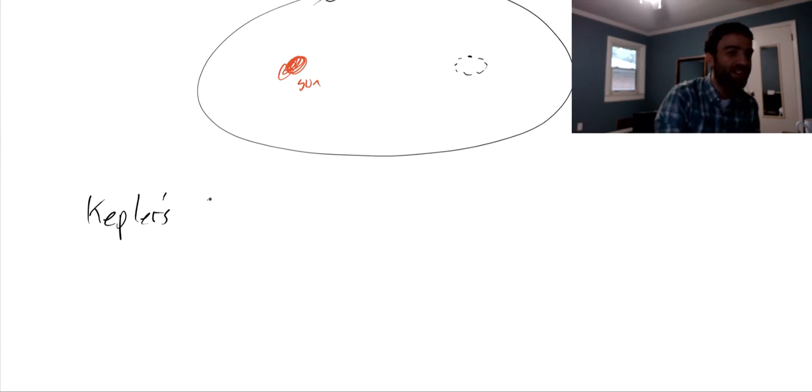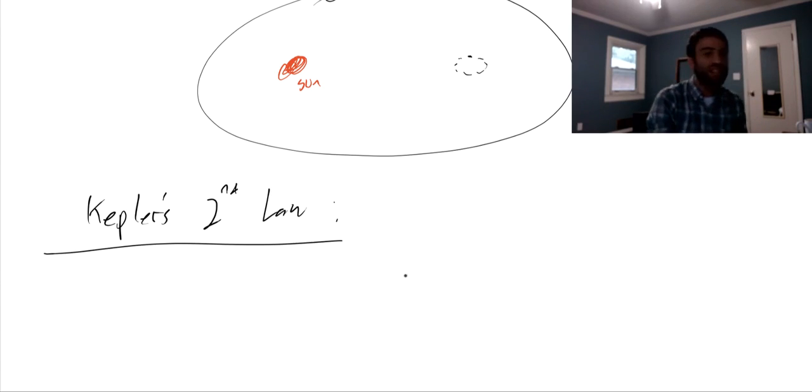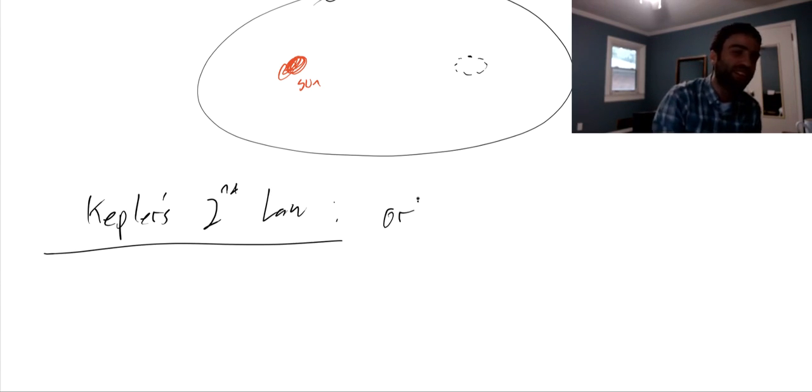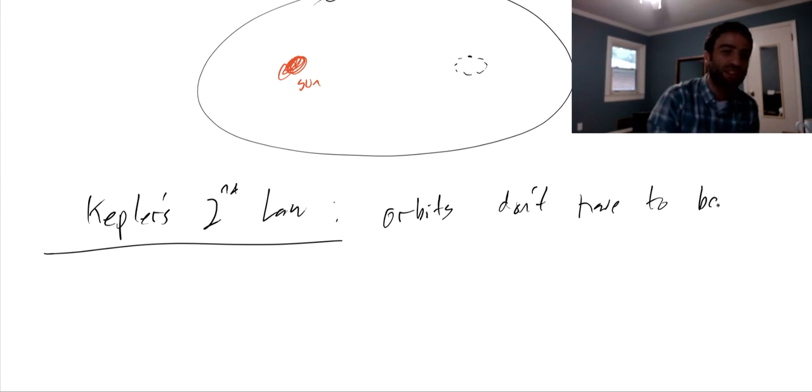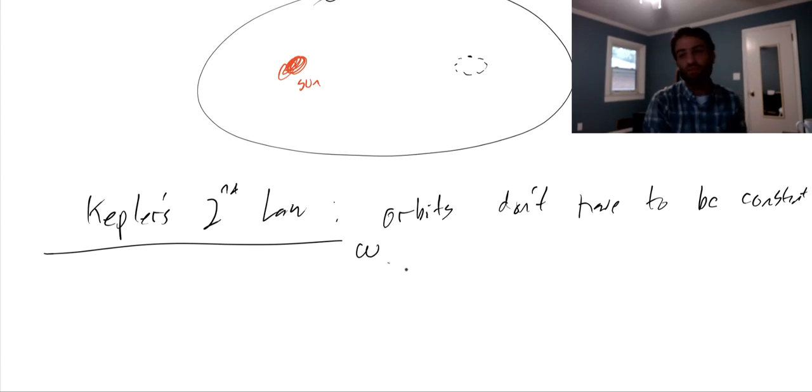Kepler's second law says that orbits don't have to be constant angular velocity. If the orbit is circular, that's fine, then they will be, but in general, they don't have to be.